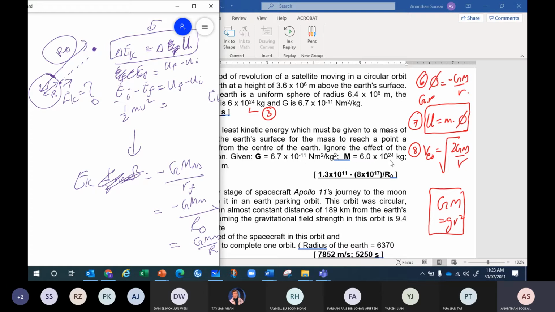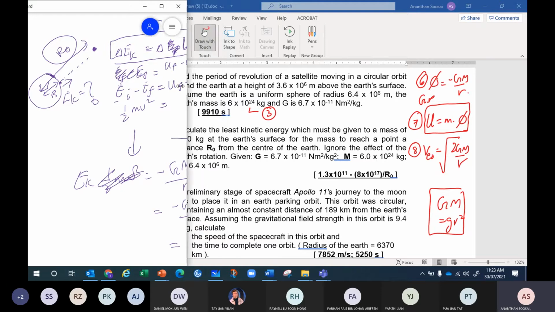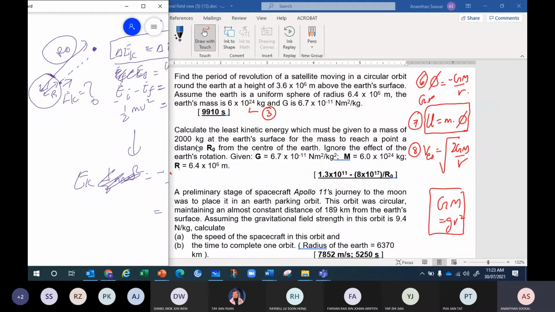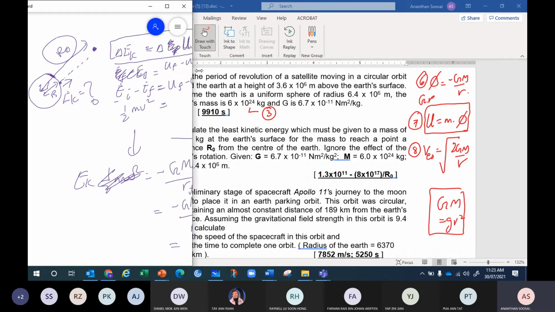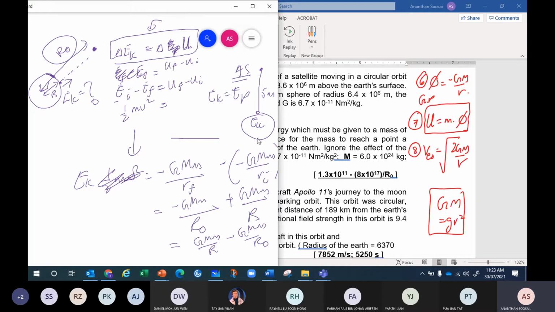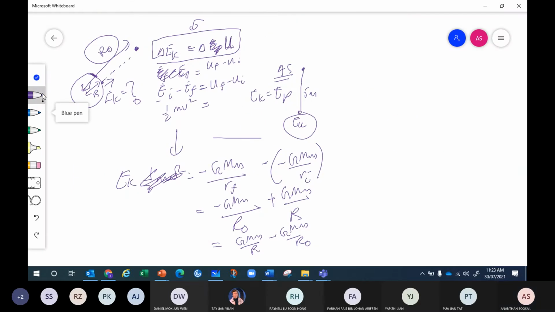M is 6 times 10 to the power of 24, and the other m is the mass of the object given, 2000 kilograms, and r is given. So you should get 1.3 times 10 to the power of 11 minus 8 times 10 to the power of 17. The GMm should give you 8 times 10 to the power of 17. Okay, please get the working.